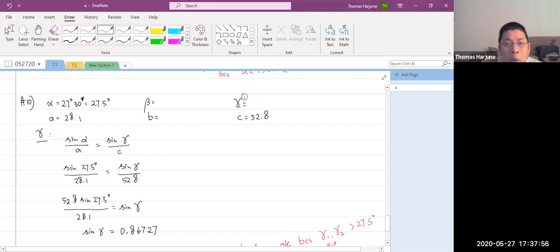Okay, so let me put it up here. So we have gamma 1 to be 60.18407 degrees, but we also have gamma 2, which is 119.81593 degrees. Now, because I have two gammas, consequently later on, I will have two betas. Beta 1 corresponds to gamma 1, beta 2 corresponds to gamma 2.